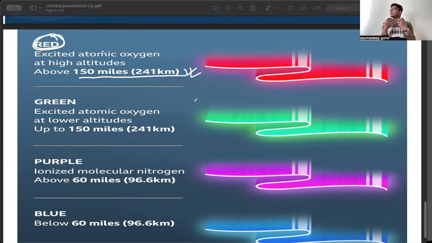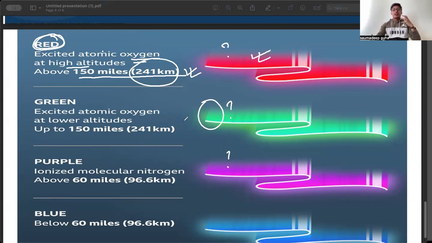The presence of specific gases, specific temperature, specific reaction conditions, that is where these colors come from. This is the most common color that we see during the phenomena of aurora borealis. Now when it is reacting with atomic oxygen at high altitudes, above 241 kilometers, there occur the red colors.